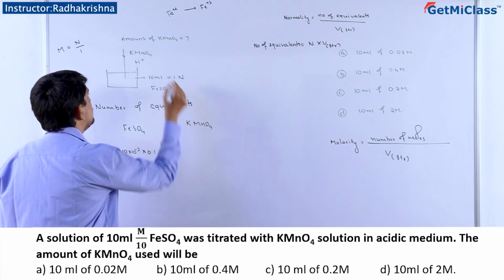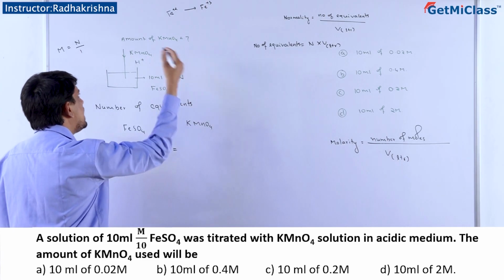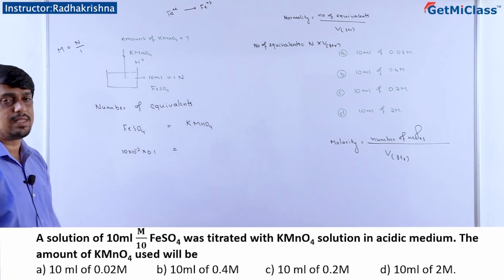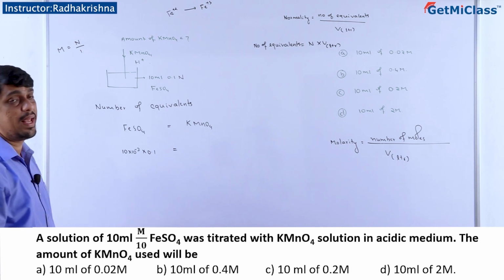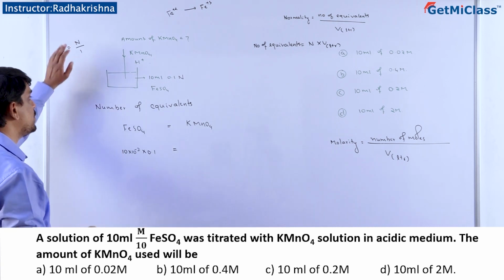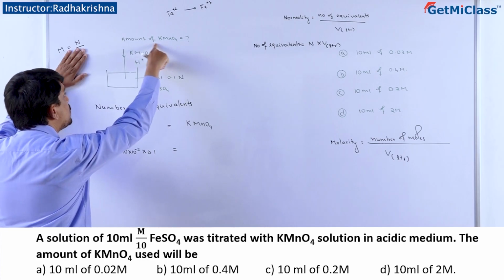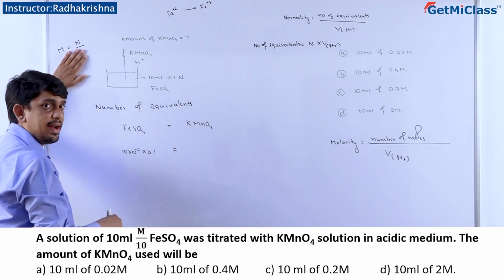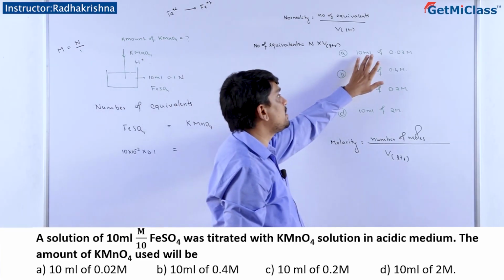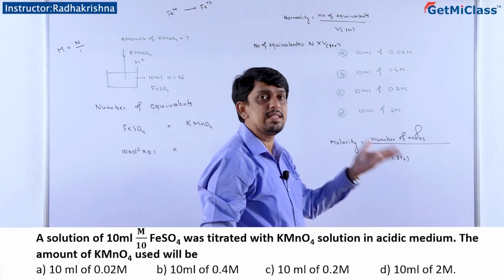We know that once again the same relation can be used: number of equivalents is number of moles into valency factor. So what I'm doing, you just see this. The amount of KMnO4 I want to calculate is given like this. What is this?